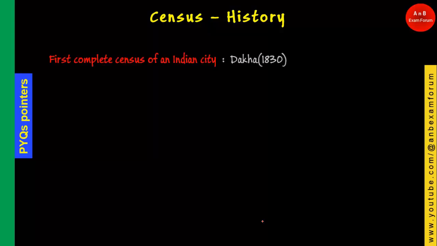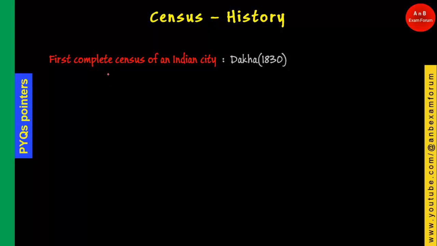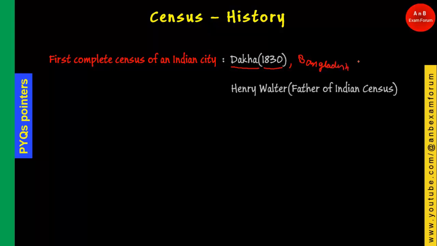Coming to the next question that can come in your exam: the first complete census of an Indian city. It is Dhaka, which is now in Bangladesh, but in 1830 it was under India. So the first complete census of an Indian city was conducted in Dhaka.